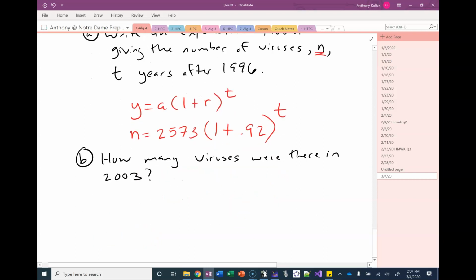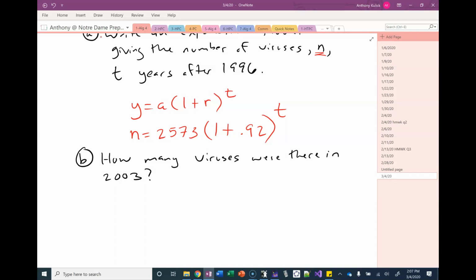My next question I'll ask is how many viruses were there in 2003? What is it asking for in this question? It's asking for a future value, right? In what year is this problem taking place?